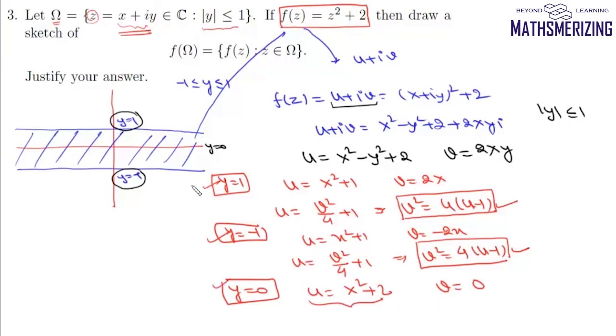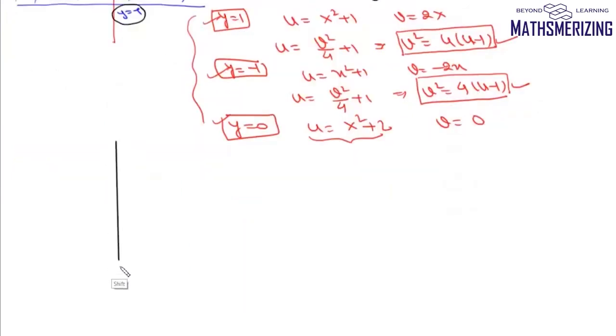Now what we'll do is we'll plot these three sketches. Now this is u and this is v. Now this is y square equals 4ax, so it represents a parabola opening rightwards and shifted 1 unit to the right.